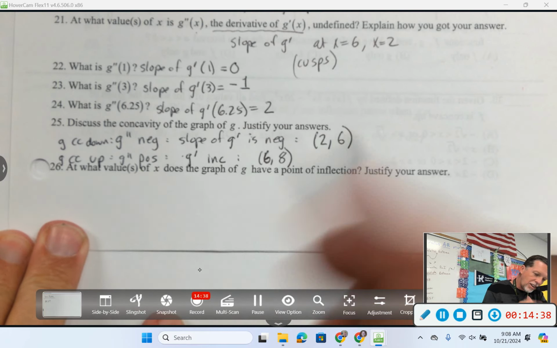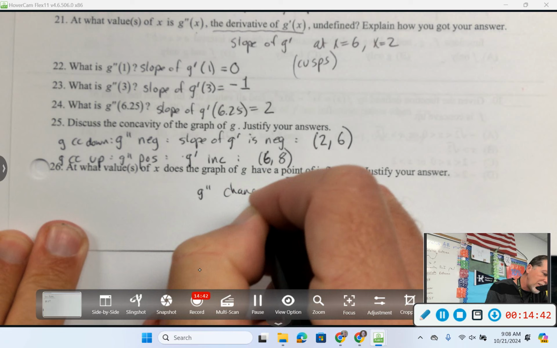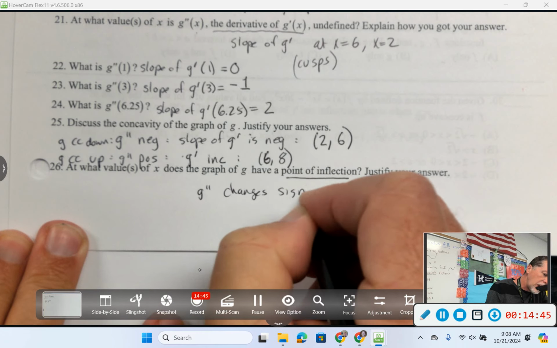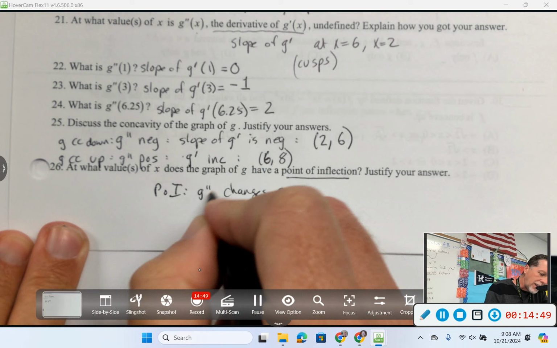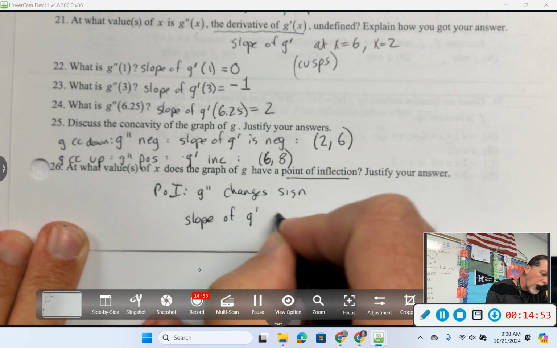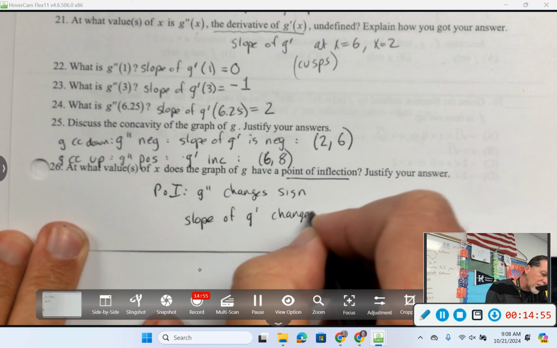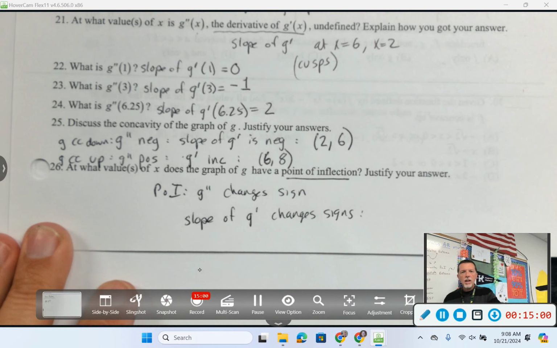Point of inflection, that would be where G double prime changes signs. Again, I don't have G double prime, so I'm going to rephrase that as the slope of G prime changes signs. This test is tricky because you have to know all the things, but you have to know how all the things connect to all the other things.